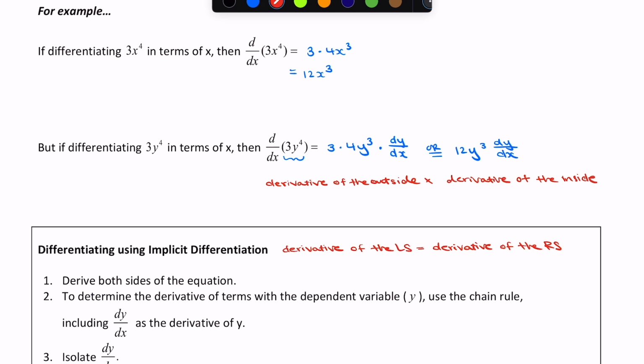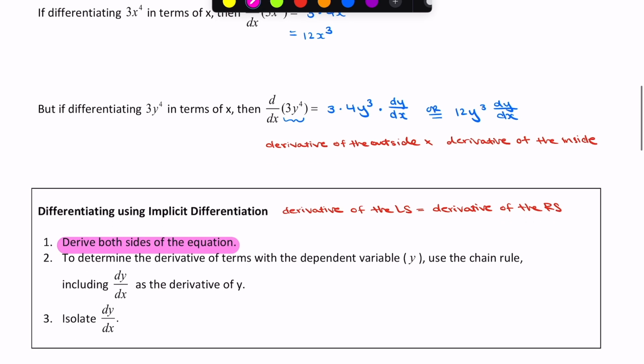So the first step is to derive both sides of the equation. To determine the derivative of terms with the dependent variable, use the chain rule, including dy over dx as the derivative of y. Anytime we are deriving for y, we have dy over dx.